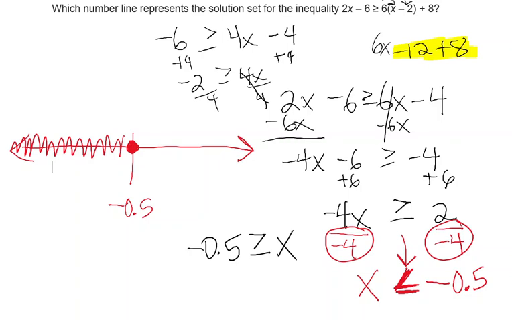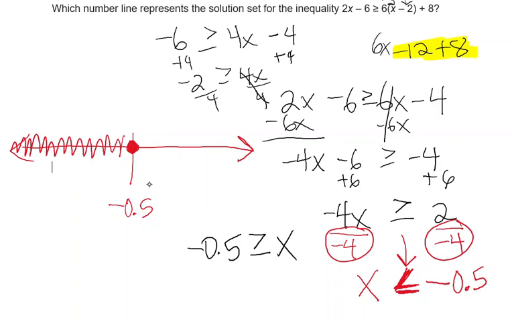You have to be careful writing it this way, because you're starting with negative 0.5 and describing x after you say the number. It always makes more sense, when you're graphing, to say that x is either greater than or less than. Because here, the way we read this, negative 0.5 is greater than x.